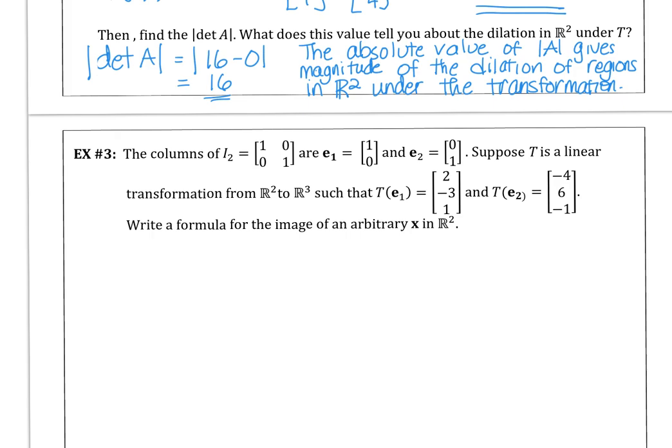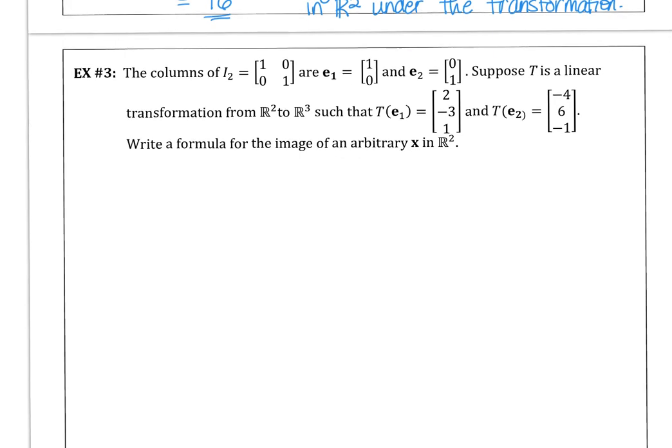We can set that up using the rule that we saw in the notes previously. We know that the transformation on some arbitrary x comes when we do the x sub 1 vector times the transformation of elementary vector e sub 1, plus x sub 2 times the transformation of elementary vector e sub 2.